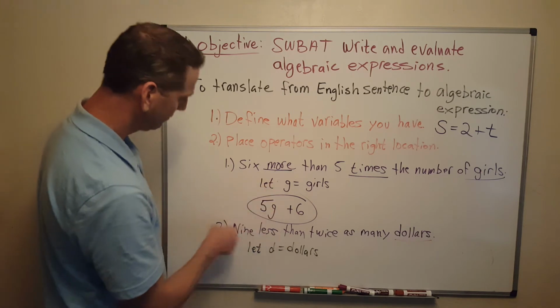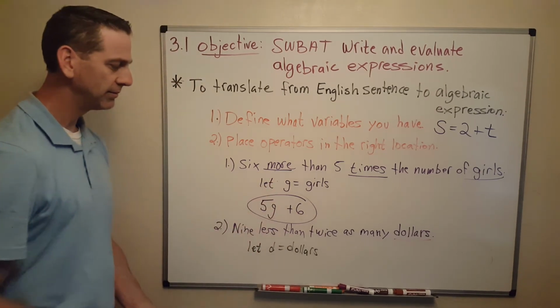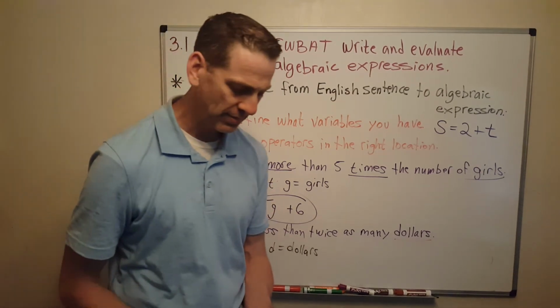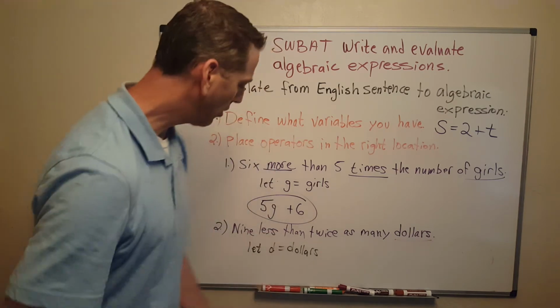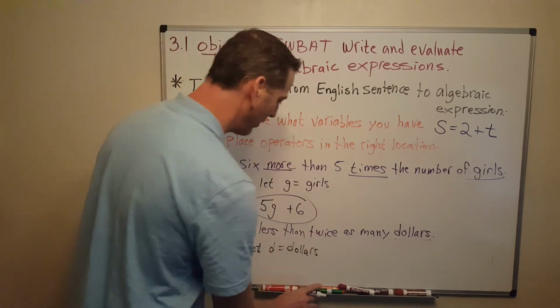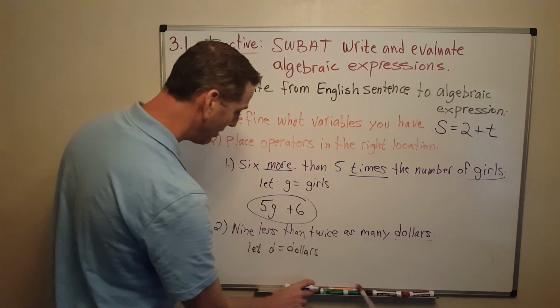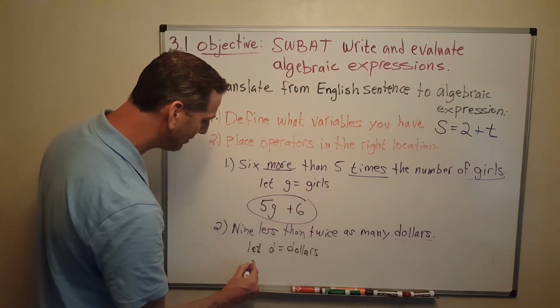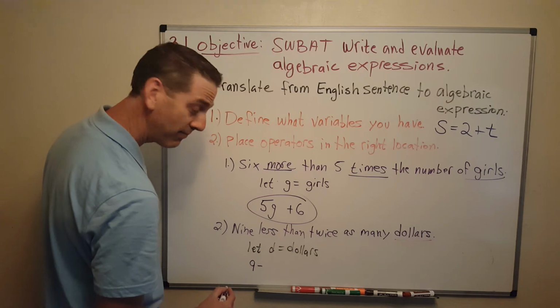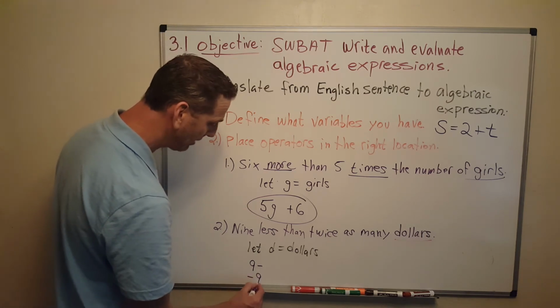So, 9 less. There are 2 ways you can think about this, and one of them is correct and one of them is incorrect. You can think of it as 9 less like that, or 9 less like that.